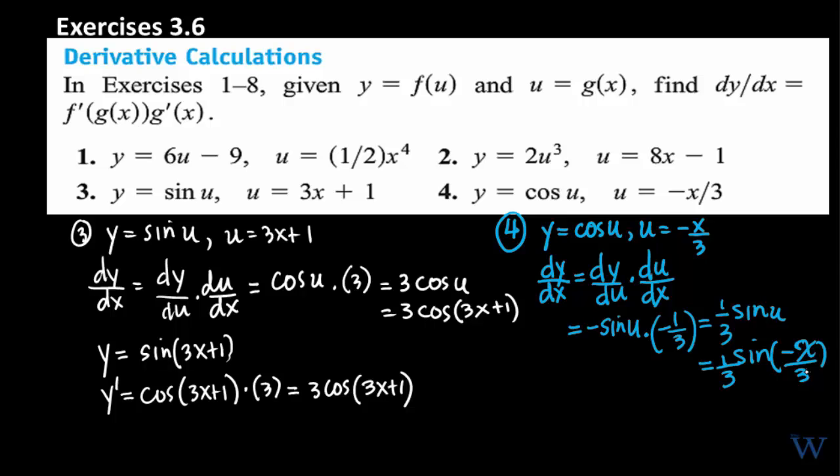Now if we want to use the other method, we start with y, and it's the cosine of, apply the composition right away, minus x over 3. Right? So now what is y prime? Y prime would be the negative of sine of its argument, minus x over 3, multiplied by the derivative of the argument of cosine.